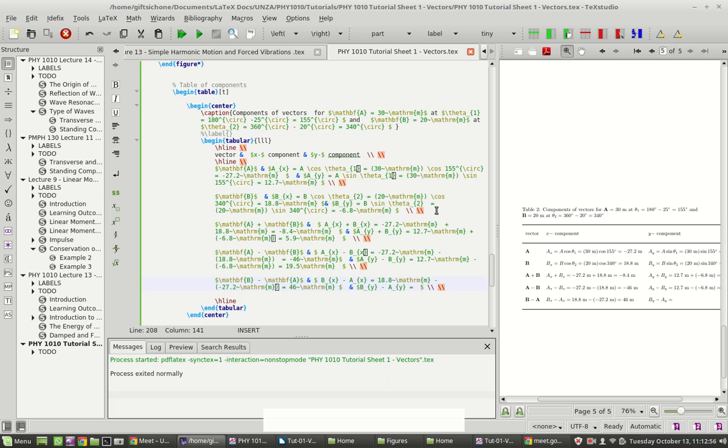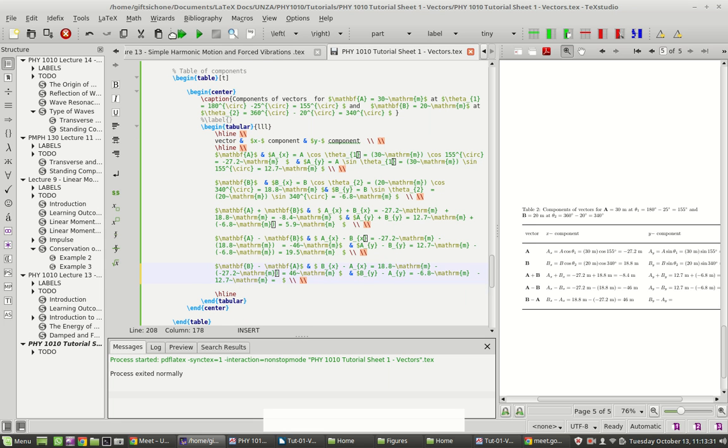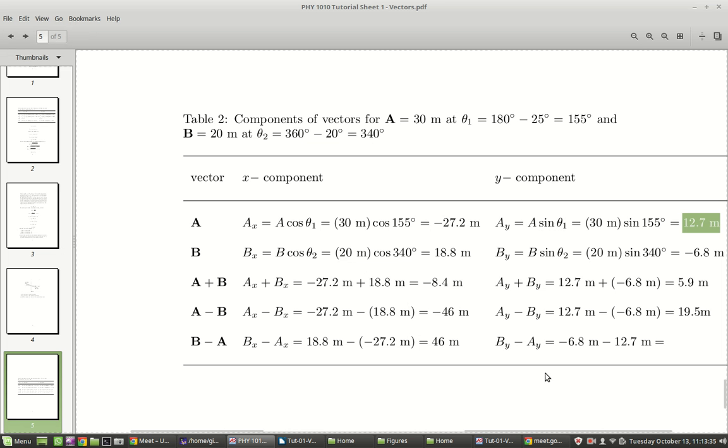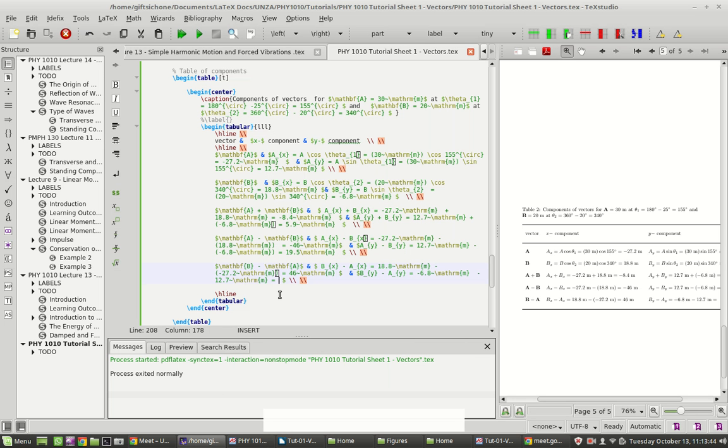So minus 6.8 meters minus 12.7 meters. How much do you get? Negative 19.5. Okay.